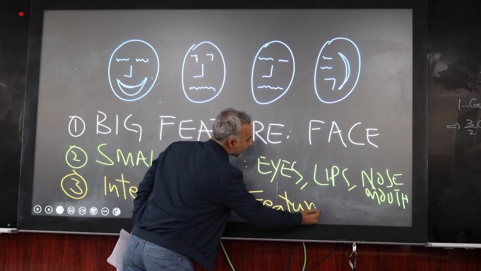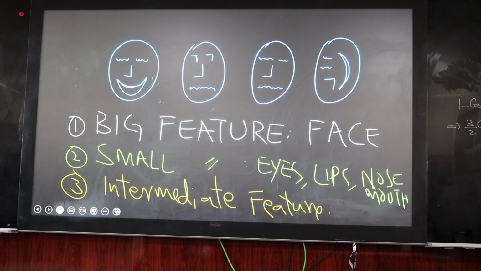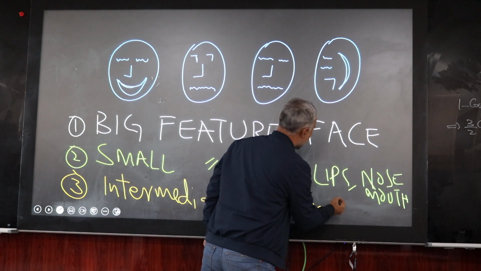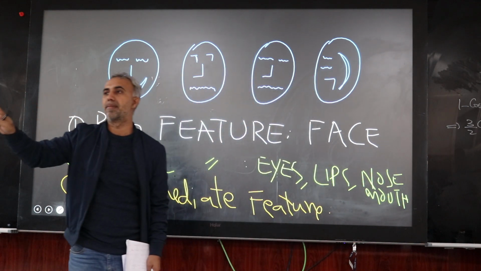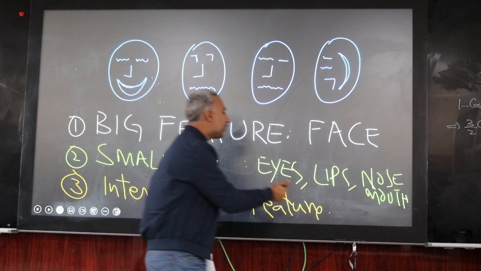For getting the result, the intermediate feature means the combination of eyes and nose and lips. All three features should be there. If you only look at the eyes, the small feature does not help a lot. So the intermediate feature is the combination.